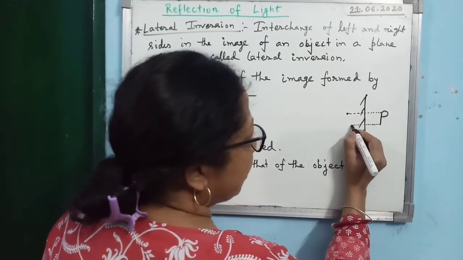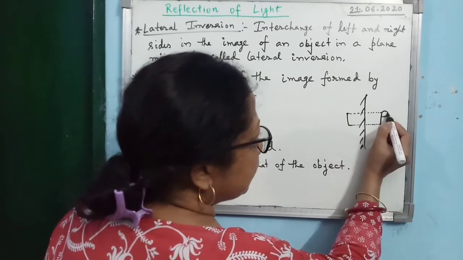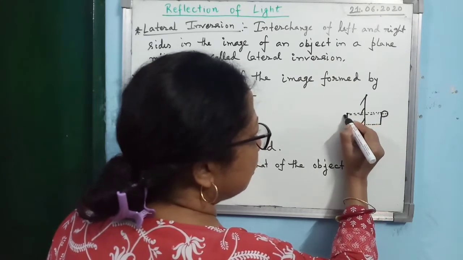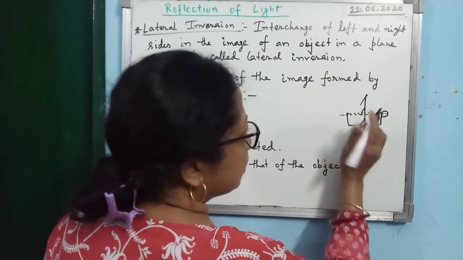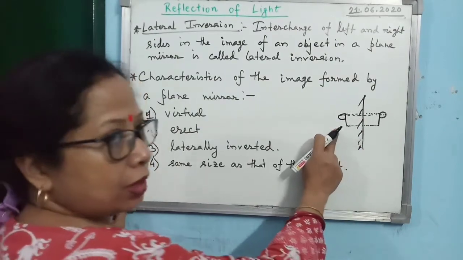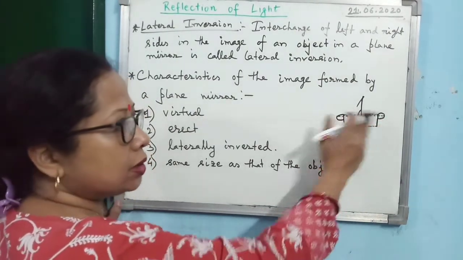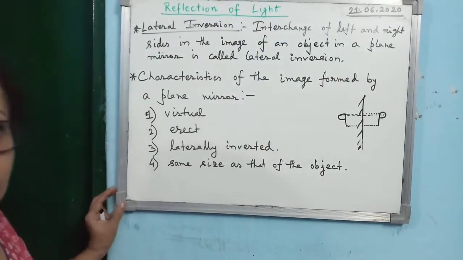I am measuring it by my hand; you can use a scale. Then from this point you take a point at an equal distance and simply join it. So you see, when you consider the image of P, it is sidewise inverted. So this is known as lateral inversion.